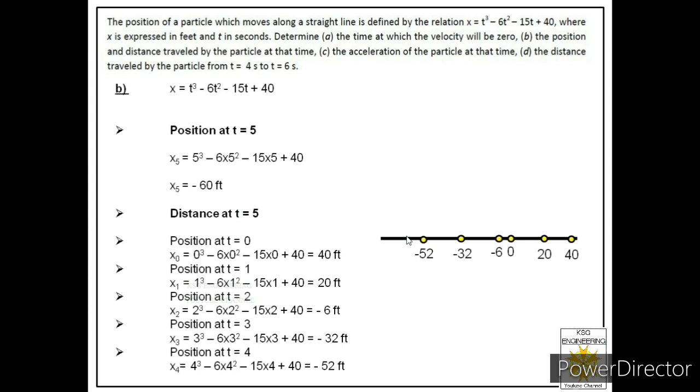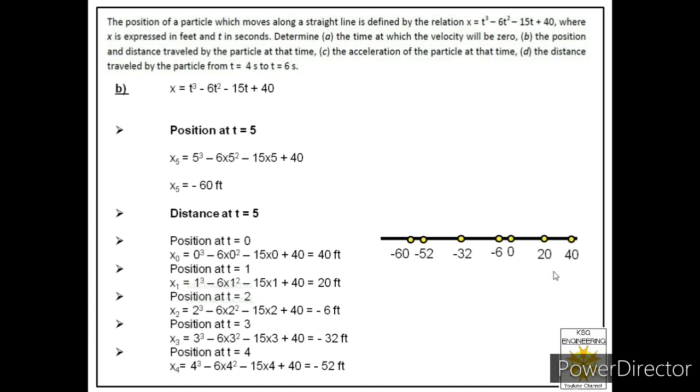It means after x equal to 0, the particle is traveling towards the left only. So at time equal to 5 seconds, the position of the particle was at minus 60 feet from the origin. So from origin we will measure minus 60. Now we will find the distance. Now you see at t equal to 0, the particle was at 40 and it is moving on one side only.